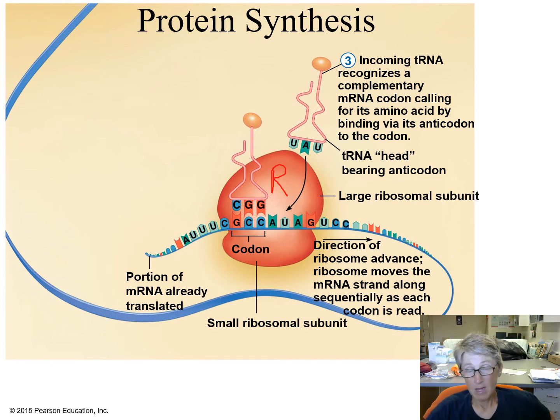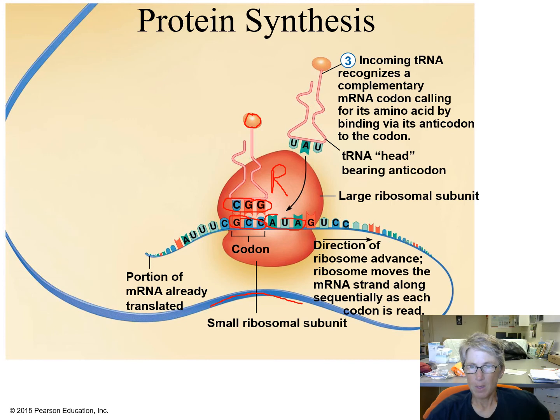It's made of protein and ribosomal RNA. This blue ribbon is the messenger RNA, and on the messenger RNA it's got these triplet codons, and then the triplet anticodons on the transfer RNA will complement each other, form an association, and you'll bring in one amino acid at a time.